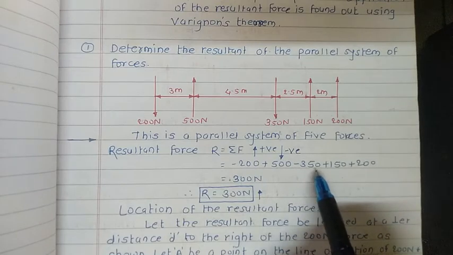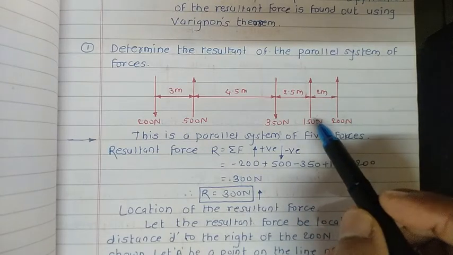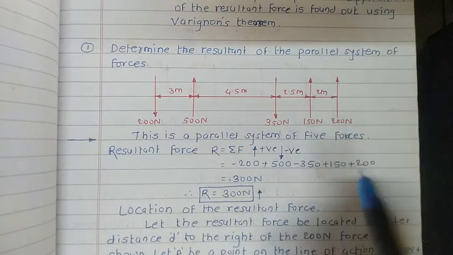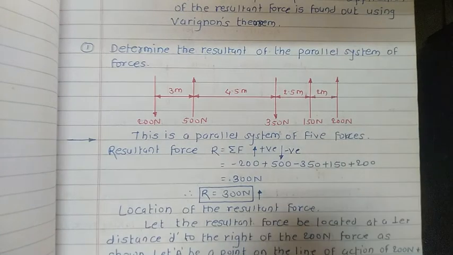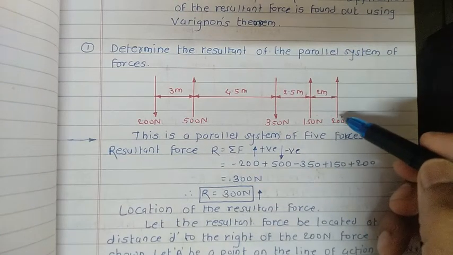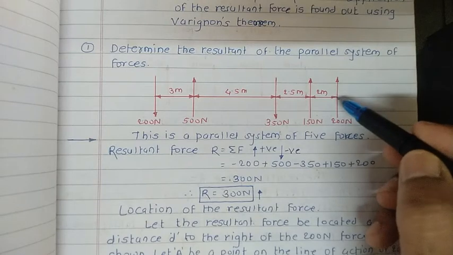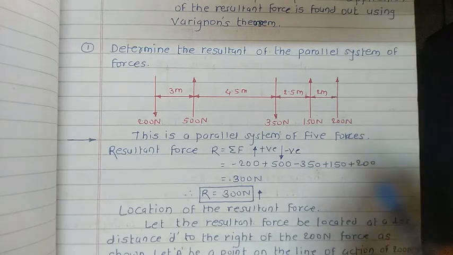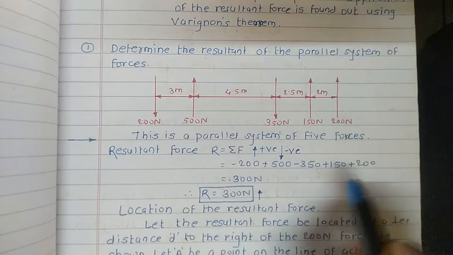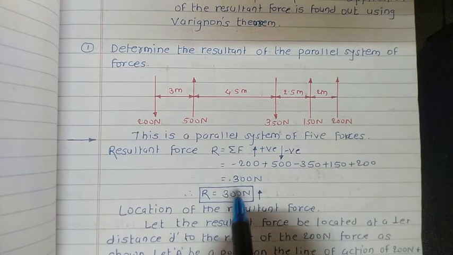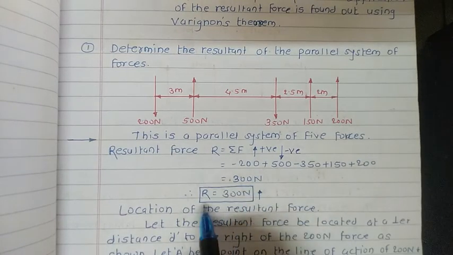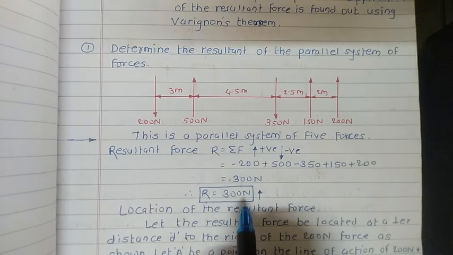The next one, 150 Newton force, acts vertically upward, so consider it as positive. The 200 Newton force at this point also acts vertically upward, so it is also positive. If you solve this, we get 300 Newton. So R equals 300 Newton after doing the calculation.